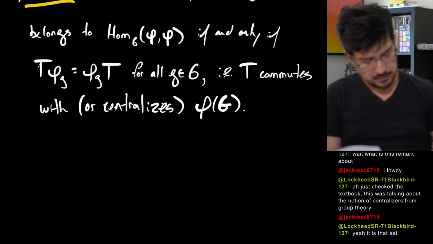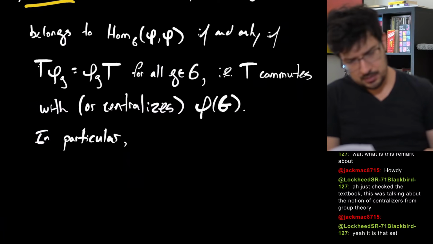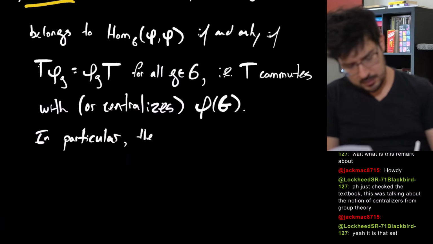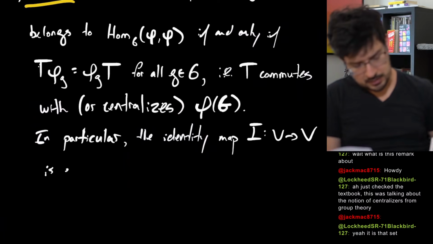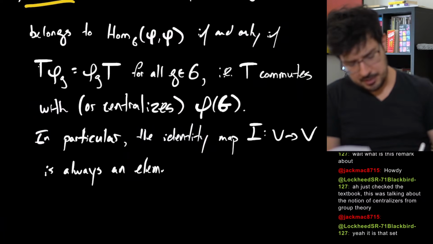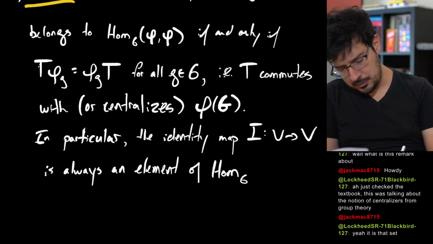In particular, it makes sense that the identity map is always an element of Hom(phi, phi).